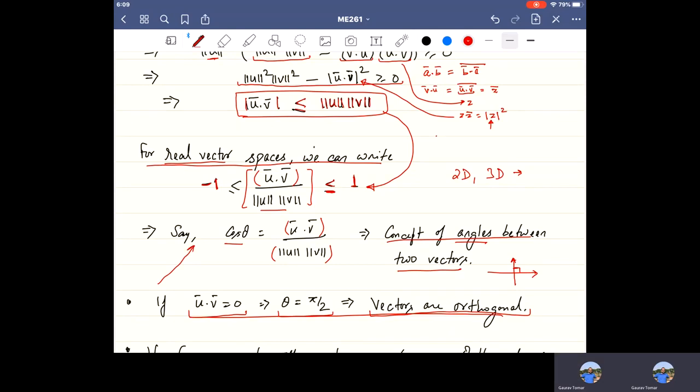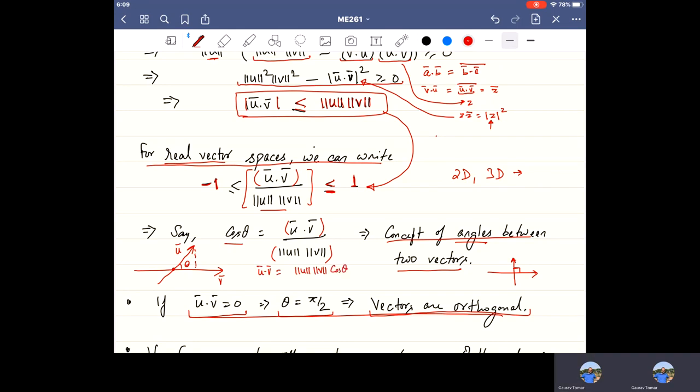Now, before we proceed further, this also indicates some concept of projection that u dot v gives. So let's say this is the angle theta, this is the u vector and this is the v vector. If I define cos theta like this, then think of u dot v as norm of u into norm of v into cos theta.